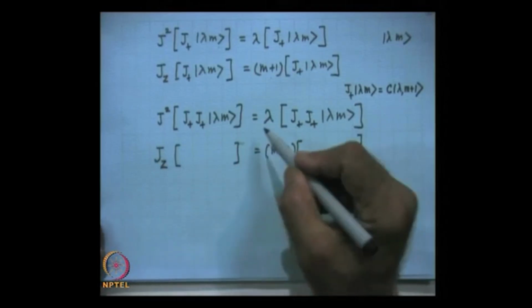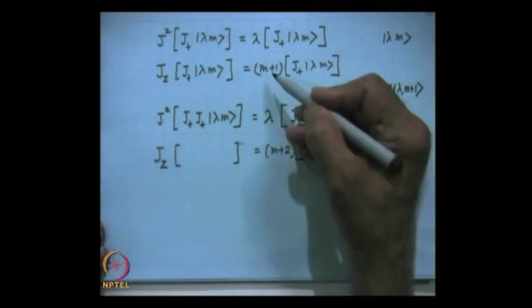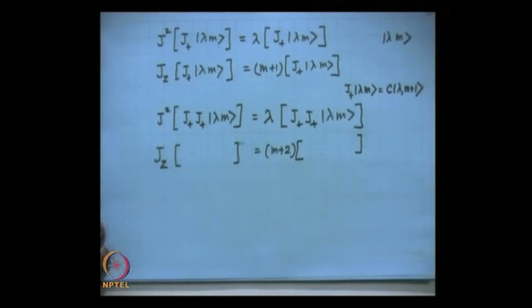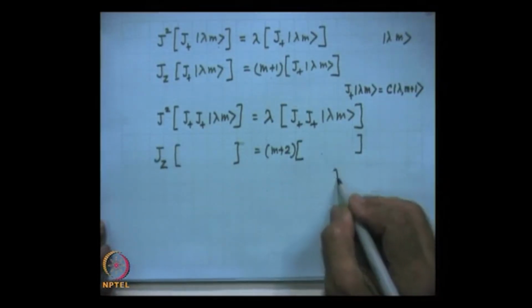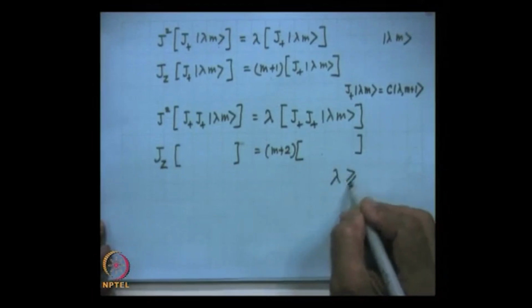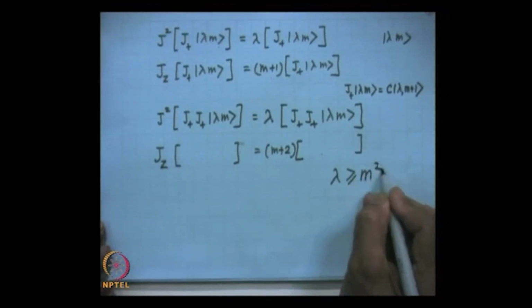So, the value lambda remains the same and m increases, but I have the inequality that lambda must be greater than or equal to m square.